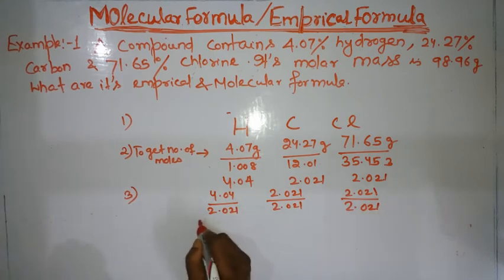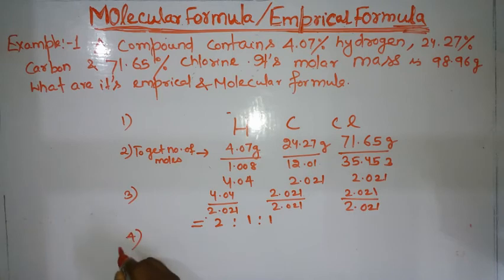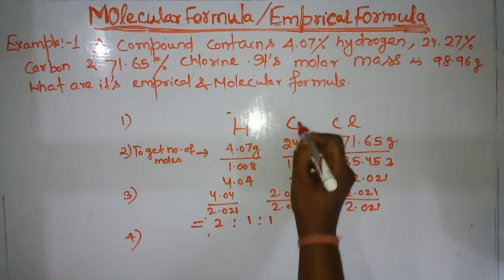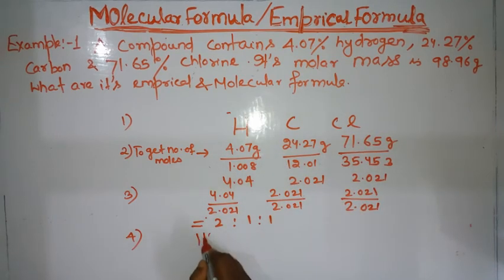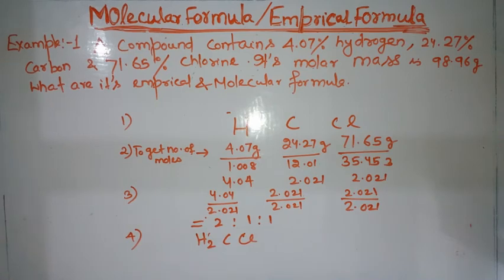This will be 2 is to 1 is to 1. Complete. Then the empirical formula will be H2CCl. Don't write C1, it is C and Cl. This is the empirical formula.